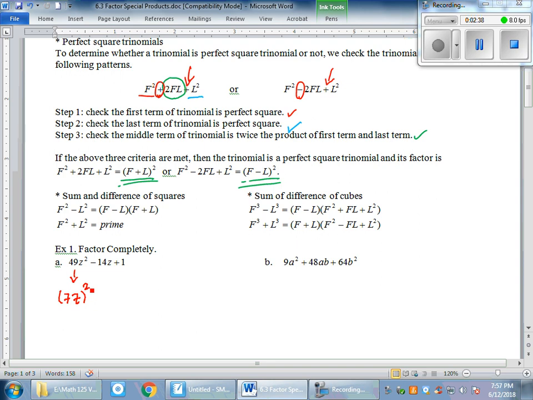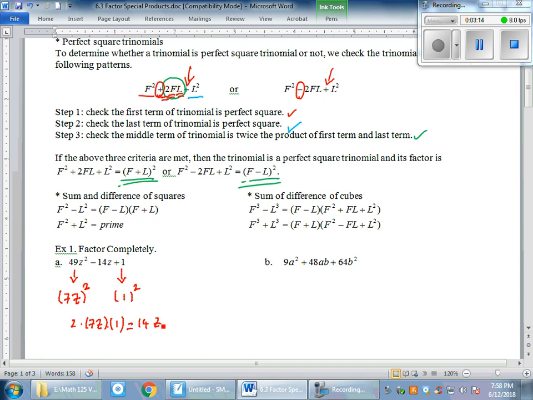And this last term, 1, is a perfect square number, because 1 squared is 1. Now we need to check the middle term. The middle term is basically 2 times the first term times the last term. So that means 2 times 7z times 1, which gives me 14z, which is the middle term. That makes this trinomial a perfect square trinomial.